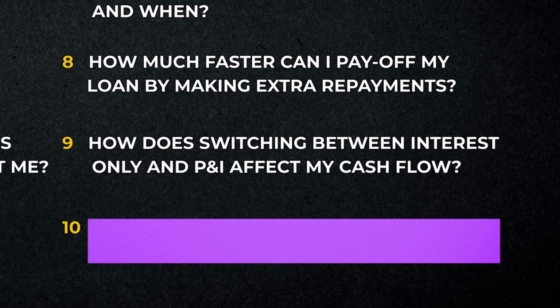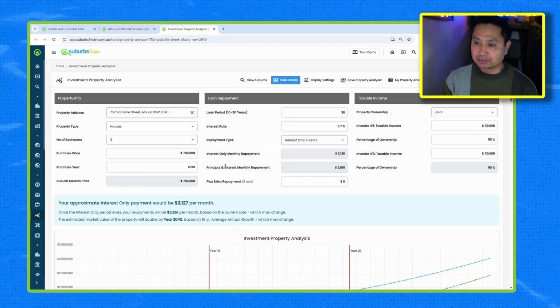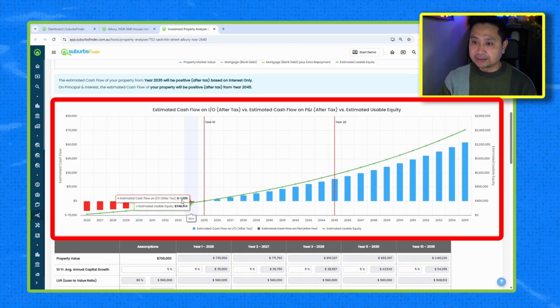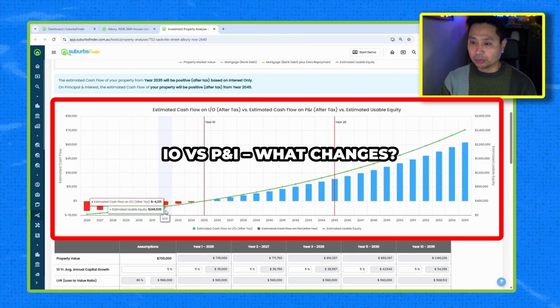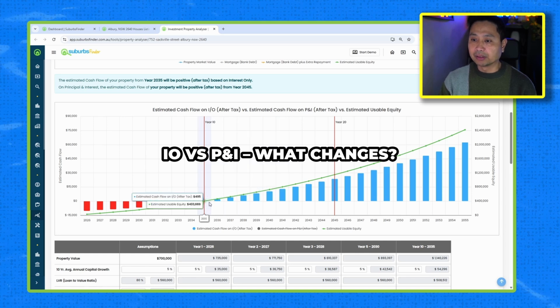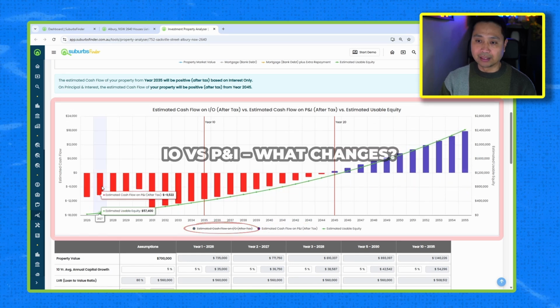How does switching between interest only and principal and interest repayment affect my cash flow? Switching from interest only to P&I repayment definitely affects our cash flow. As you can see here, this is what interest only repayment looks like. And when we factor in principal repayment, or we can recombine principal and interest, this is how the cash flow will look.